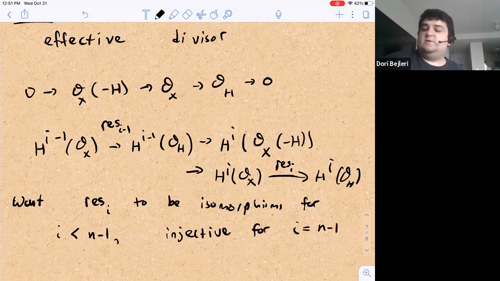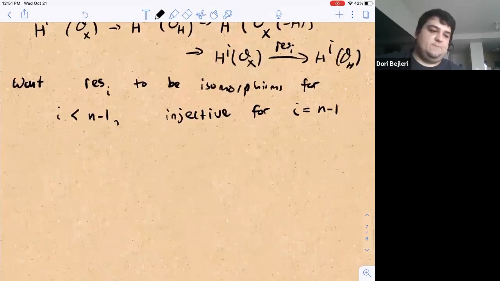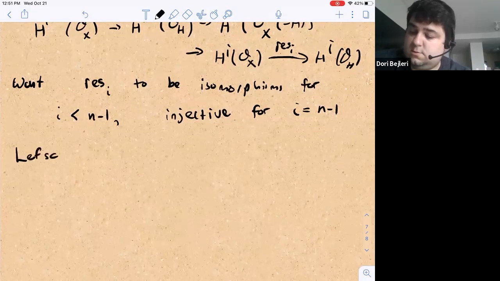That's equivalent to the statement that we're trying to prove in this case. And this is essentially the statement of the Lefschetz hyperplane theorem. And this is where we're really using that we're over the complex numbers, and so we have topology.